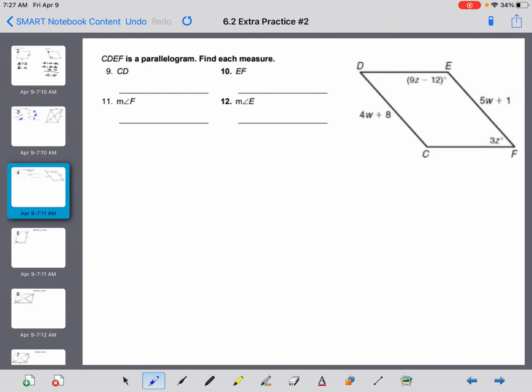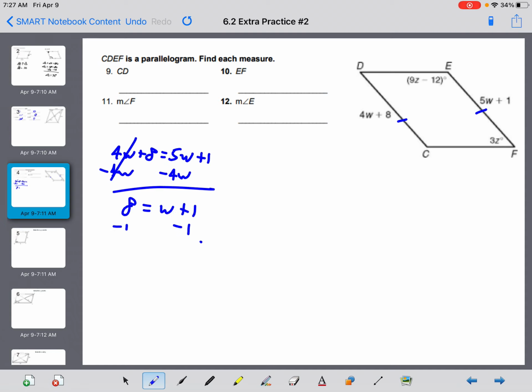Okay, CDEF is a parallelogram. Find each measure. Well, first they want us to find CD. Well, we know that CD and EF are congruent, so we can set them equal to each other. 4W plus 8 equals 5W plus 1. I'm going to subtract the smaller variable on both sides, so 8 equals W plus 1.